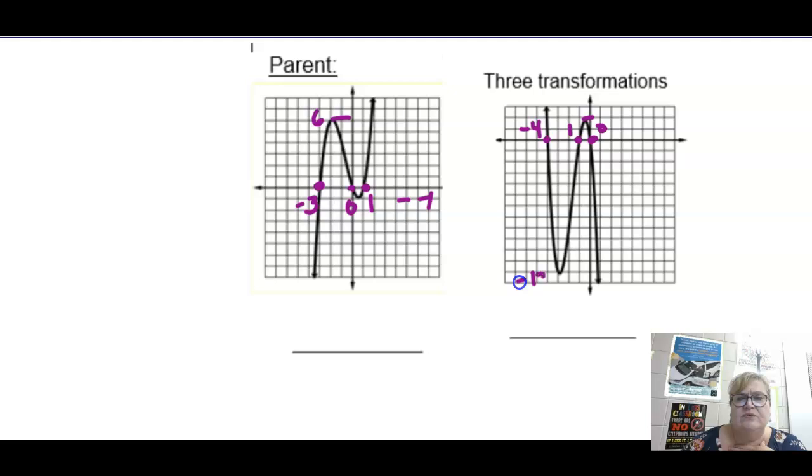So this is like down 12. And up 2. So that's a total of 14. So I would say it's stretched vertically by a factor of 2. Whoops. With a parenthesis.